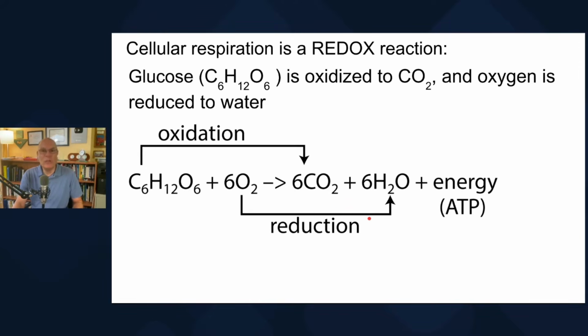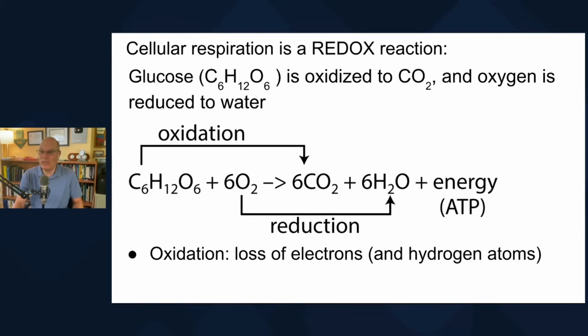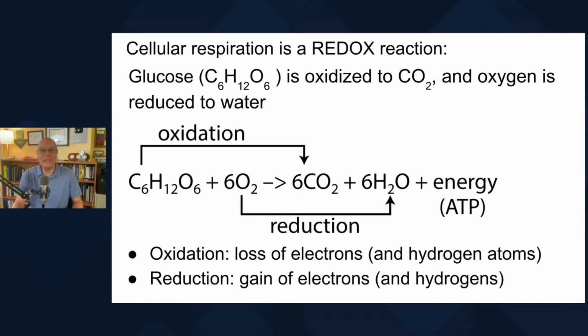The main thing that you need to know as an AP, IB, or college biology student is that oxidation means the loss of electrons and hydrogen atoms. Reduction means the gain of electrons and hydrogen. So over here, glucose is losing all of these hydrogens as it's getting oxidized into CO2.